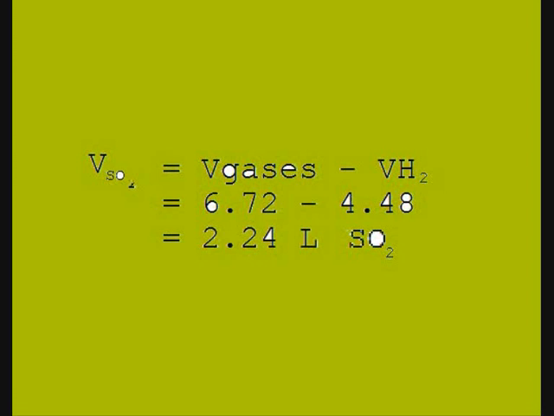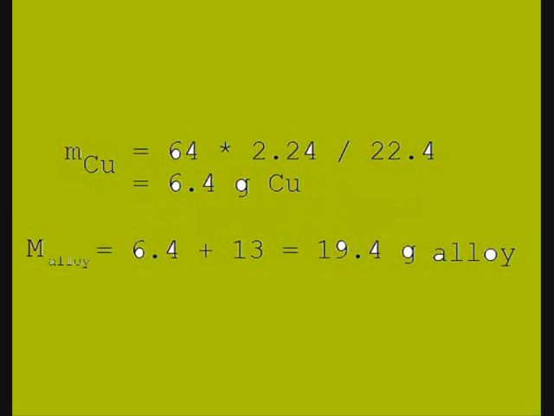So we will remain with the amount of SO2. The amount of SO2 is 2.24 liters. And making the stoichiometric calculations, we have a total of 6.4 grams of copper.